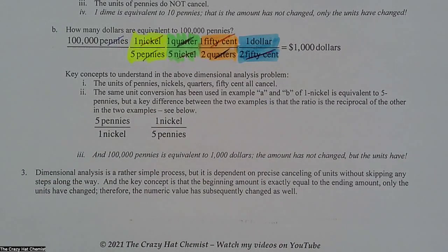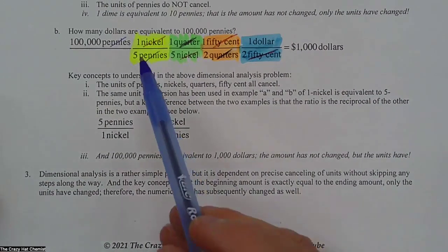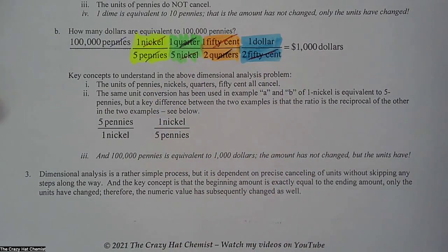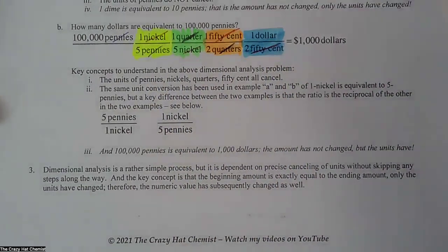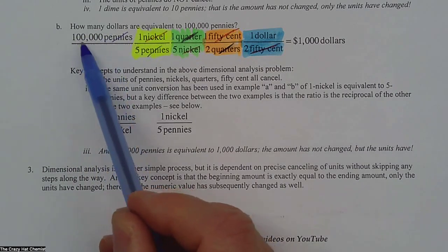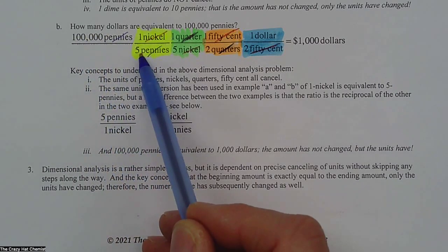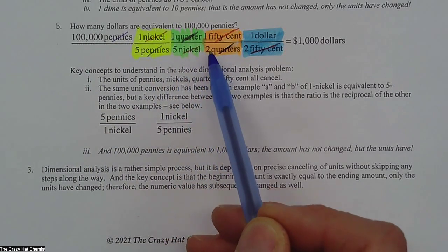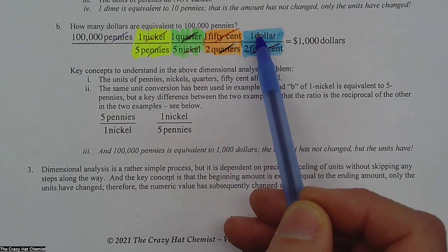So you should see what I have highlighted in the yellow, the green, the orange, and the blue are all unit conversions. Those unit conversions are equivalencies, and those are very important. So now what we're going to do is say 100,000 pennies divided by 5 times 1 times 1 divided by 5 times 1 divided by 2 divided by 2 times 1.